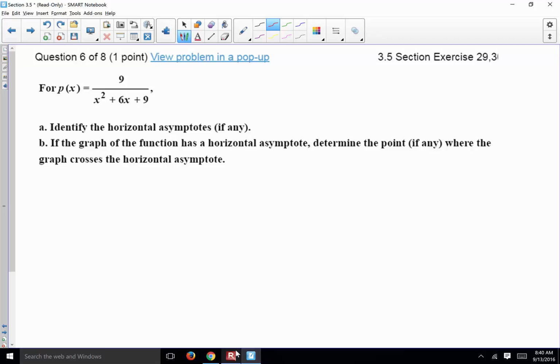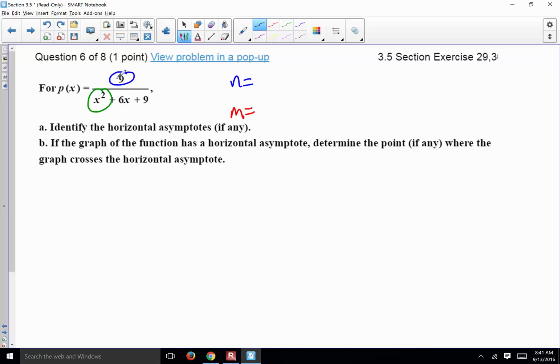Anyone? Any results? Y equals 0. Okay, let's verify.